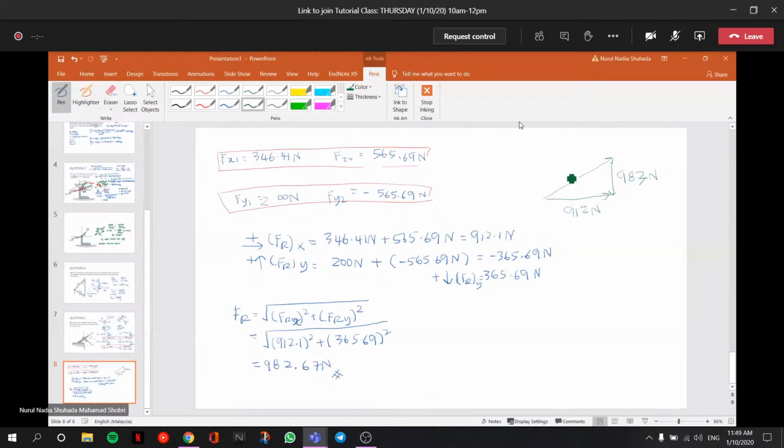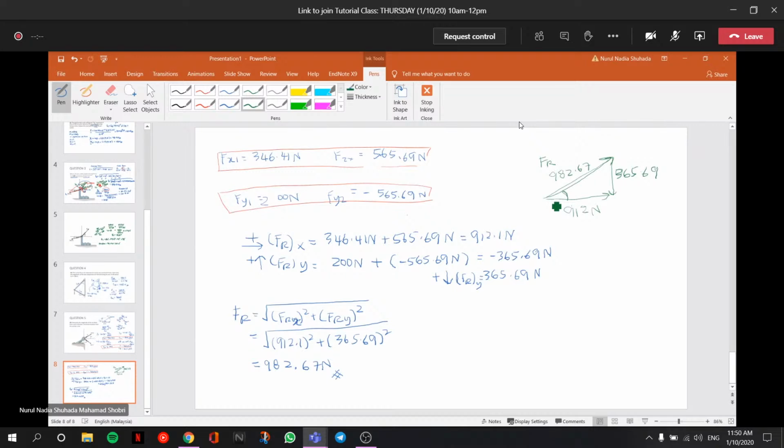Sorry, this one is 982.67, and this one is 565.96. Okay, so for this one, this is the resultant force. And now they want the direction to be clockwise from the positive axis.